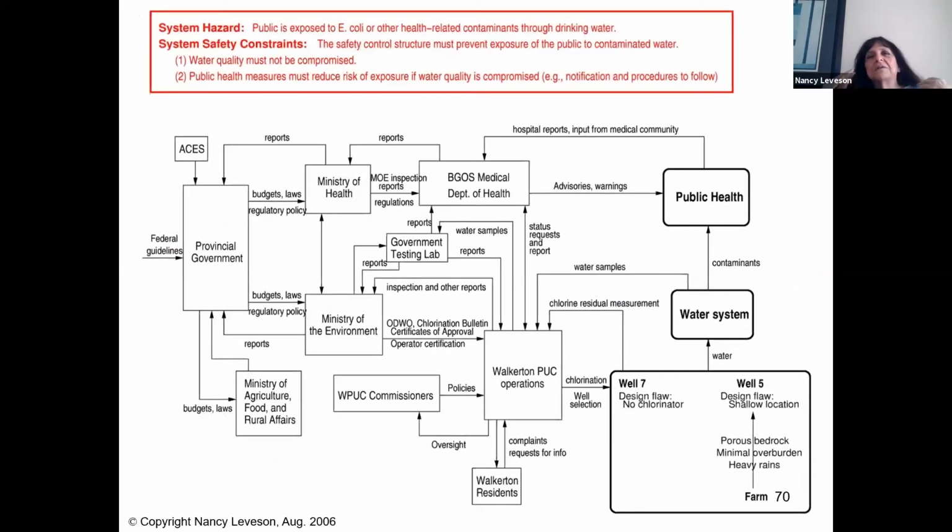In another accident, the public was exposed to E. coli in the water system in Canada. Here's the system hazard. There's the constraints. Now, there's a government testing lab here, which tests reports from these local water systems.